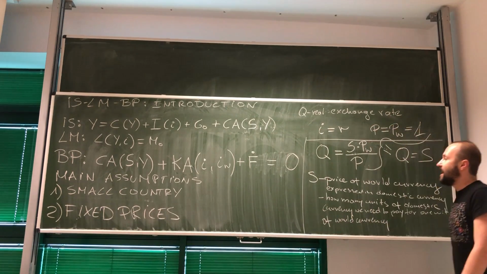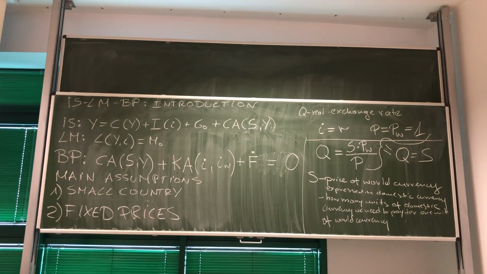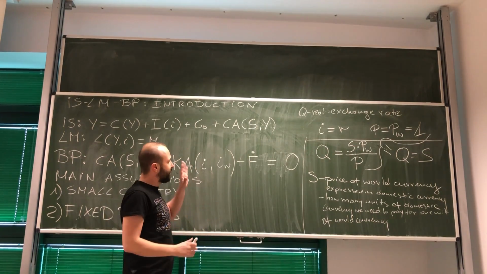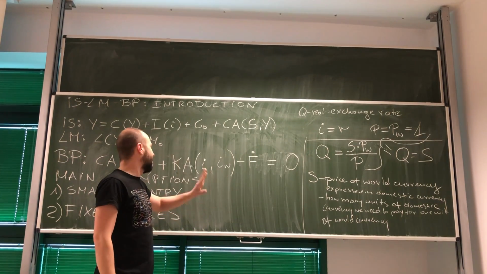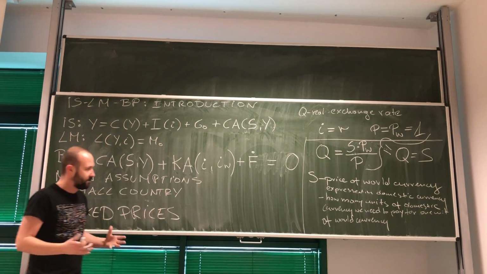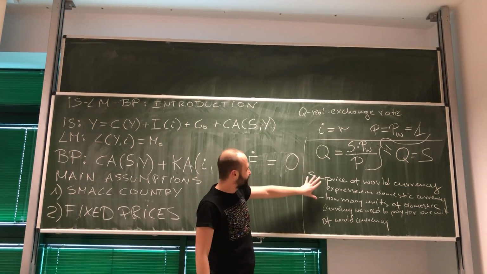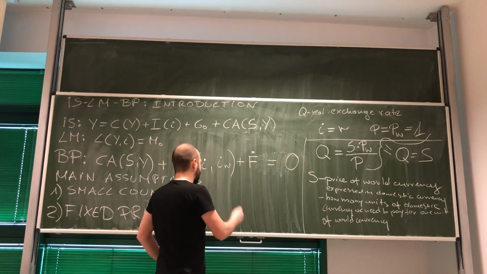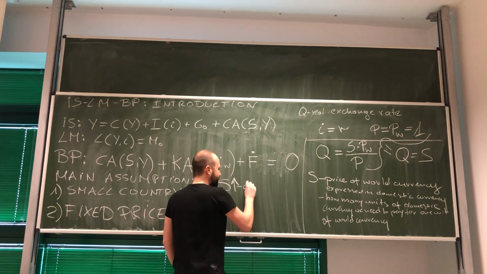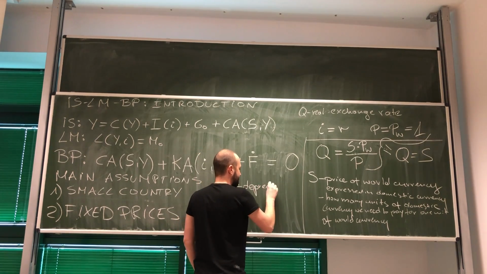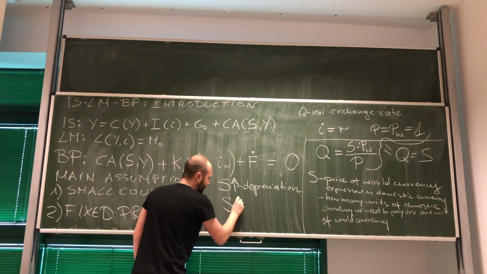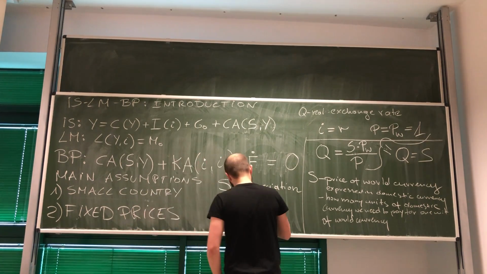Okay, now, let's remember, I hope at this moment this is obvious to you, but with exchange rate defined in such a way, S going up means depreciation, while S going down is appreciation.